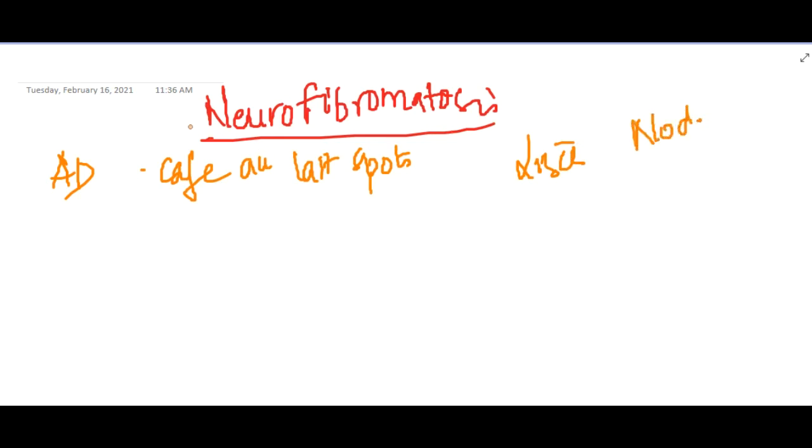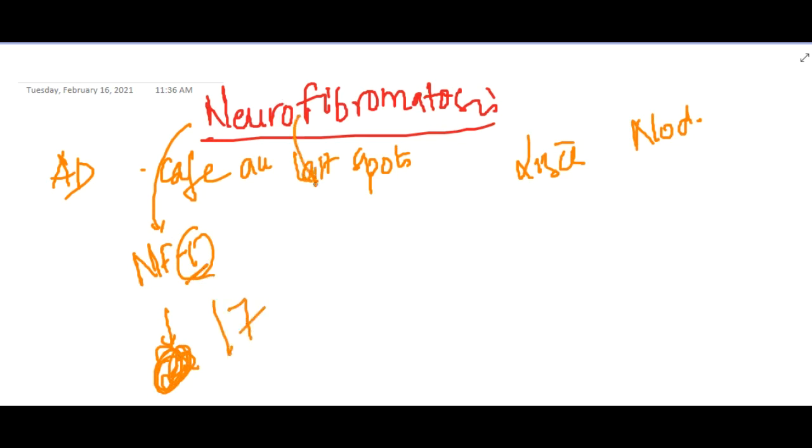These neurofibromatoses are of two types. We have neurofibromatosis 1, which is associated with chromosome 17, whereas neurofibromatosis 2 is associated with chromosome 22.